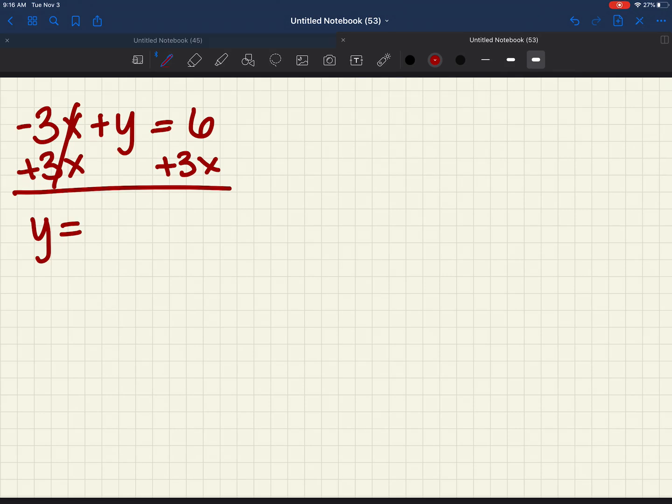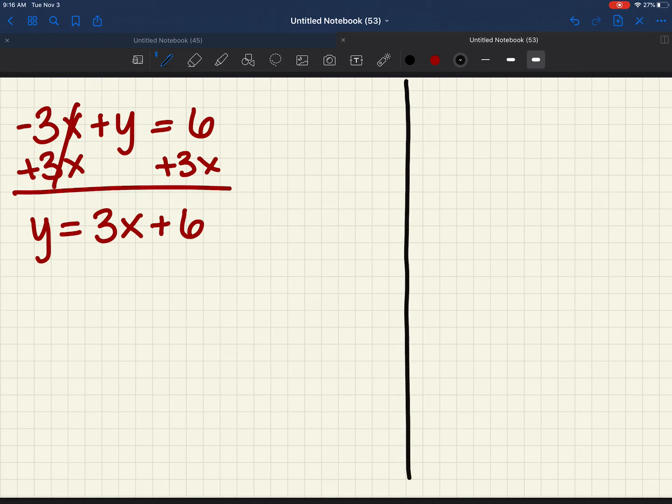No, they're not like terms. So which one would I write first if I want it in slope-intercept form? 3x. 6 is positive, so I'm going to say plus 6. If it was negative, I would say minus 6. Okay? Now can I tell what my slope and my y-intercept are? Yes. So now we can graph from here.